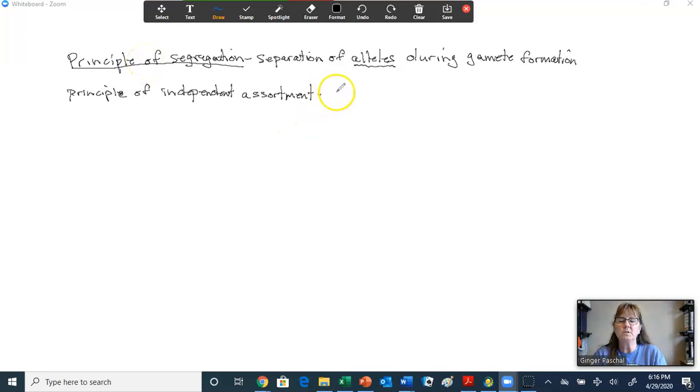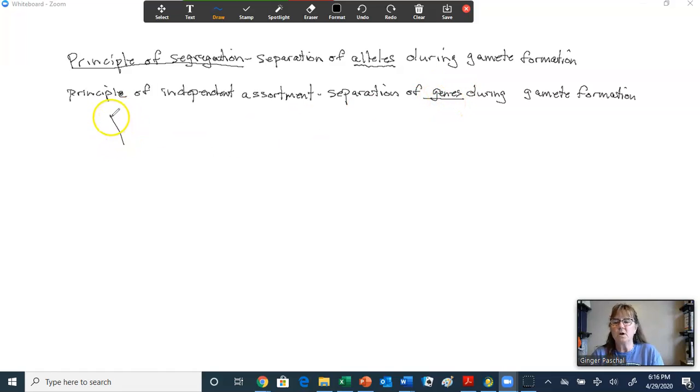So again, the principle of independent assortment is the separation of blank during gamete formation. And it's the separation of genes. So let's demonstrate this. Let's draw this.